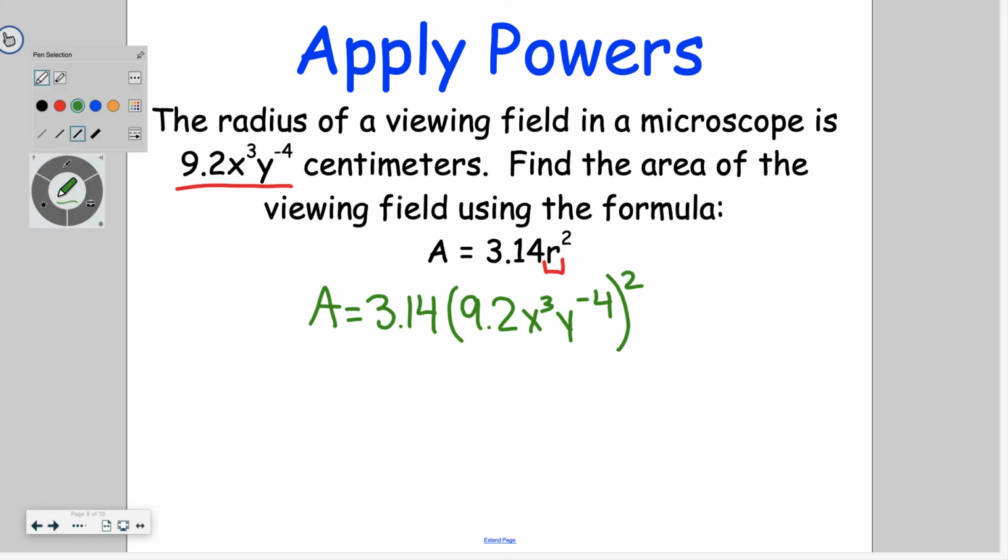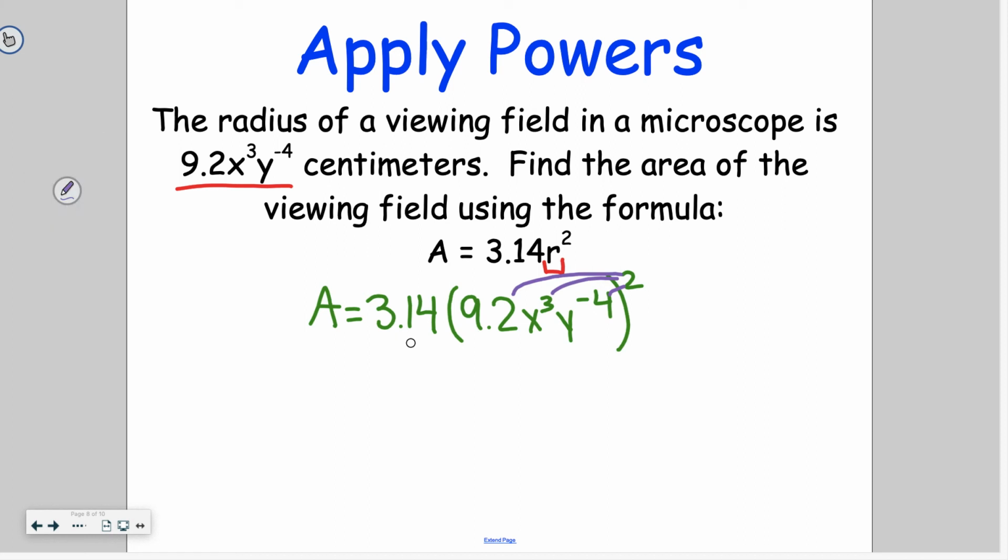Next thing we're going to have to use that distributive property of exponents. So bring that on into each of the pieces out here. It doesn't go to the 3.14 because the 3.14 is not being squared. It's not in the parentheses. So we got 3.14 times 9.2 squared times x to the 6th, and then y to the negative 8th.